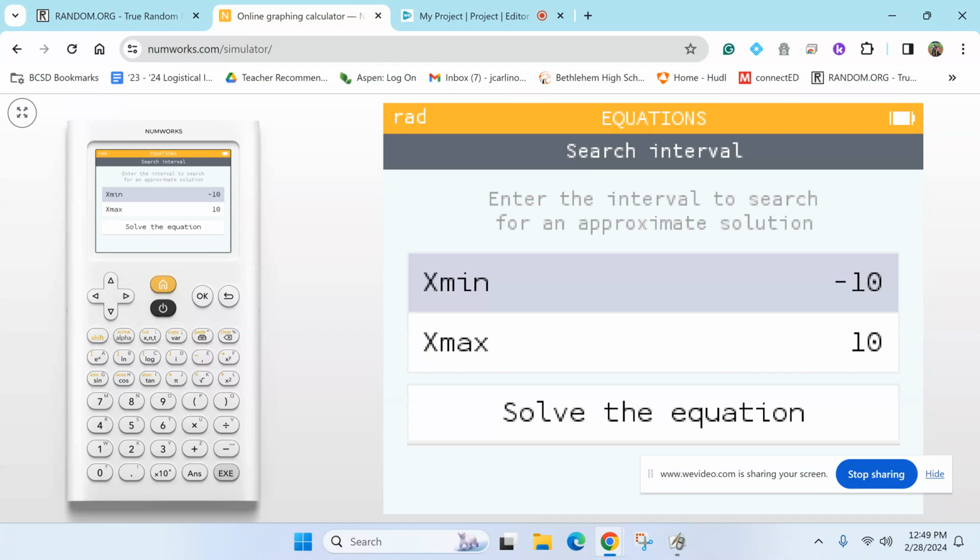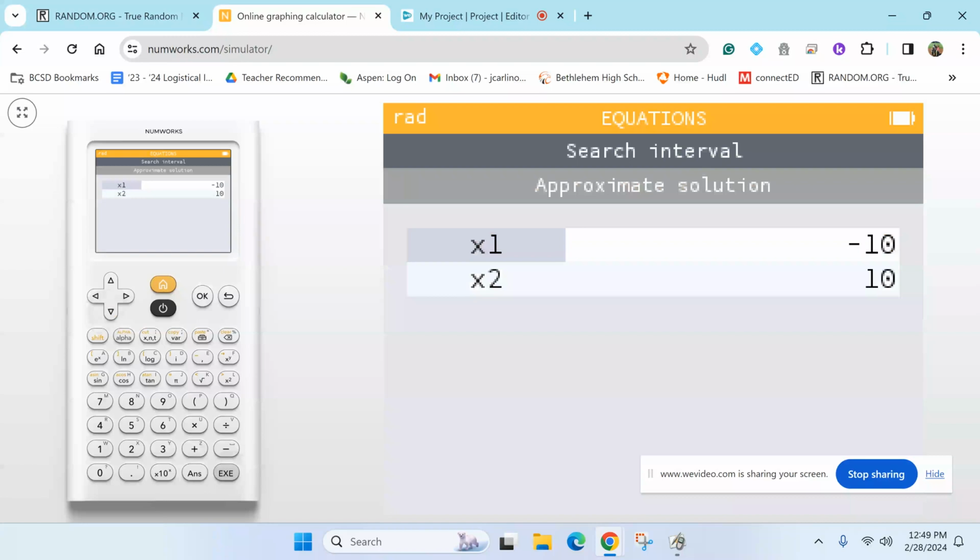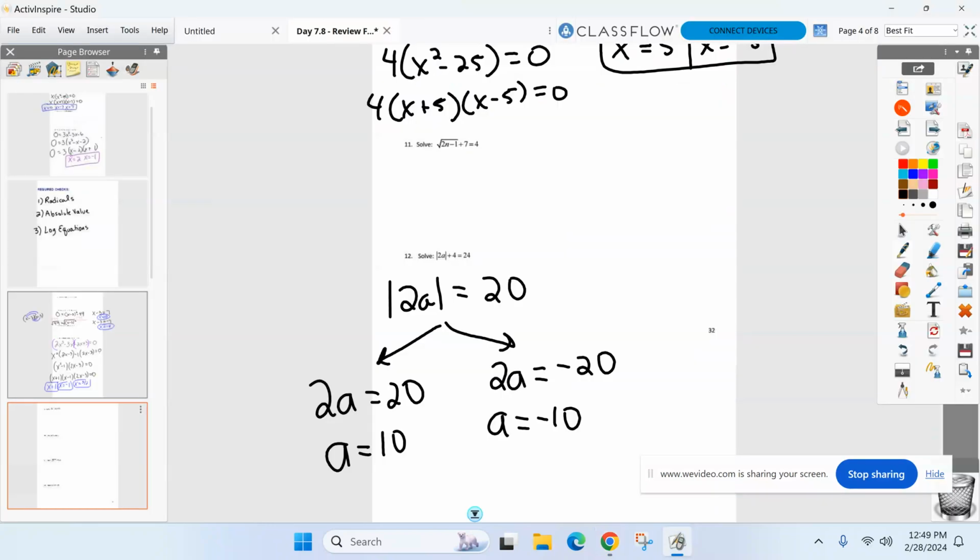Solve it. Negative 10 to 10. I think I'll keep that because that's what I think the answer is. And yep, there you go. So I'm going to keep both answers. If only one shows up, I got to reject the other. Make sure you're checking and not being lazy on me.